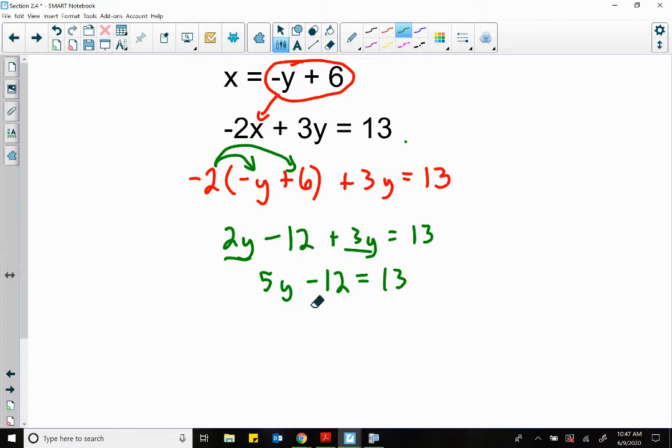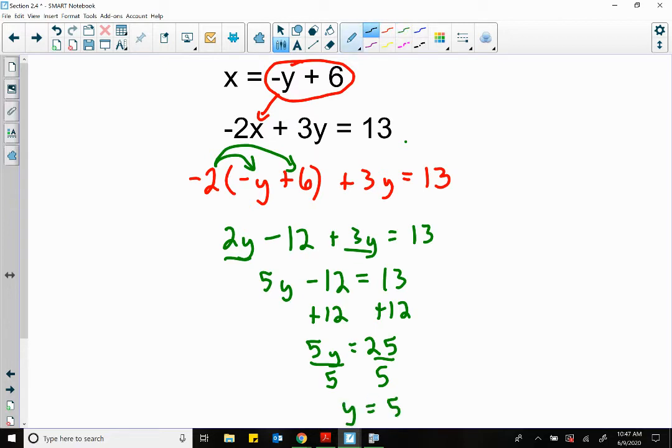Okay, then we're going to add 12, add 12. So that gives us 5y equal to 25. Divide by 5, divide by 5, and you know that y is equal to 5.